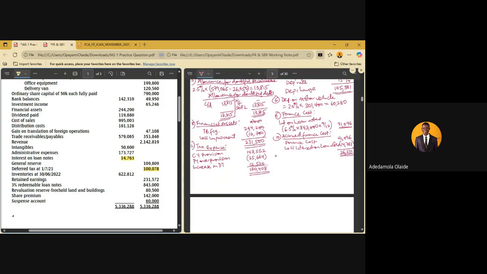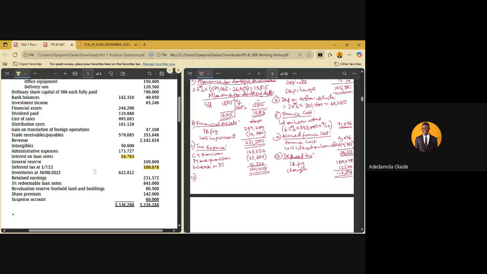So to calculate the deferred tax balance now, we'll have the trial balance figure, which is the opening balance, 100,078. Then the deferred tax charge for the year is 12,520. So that will make our deferred tax balance 112,598.